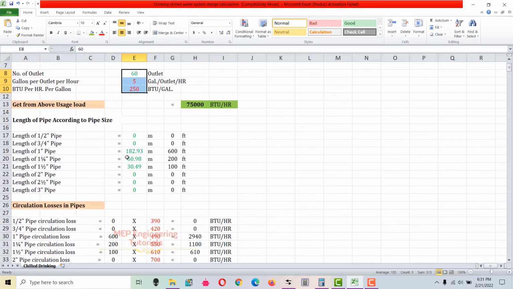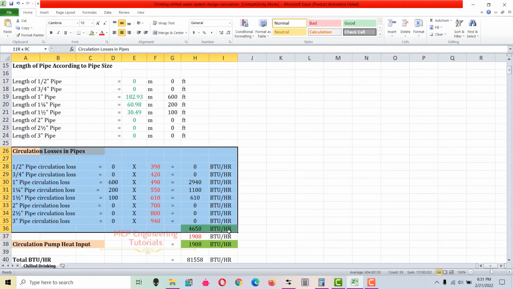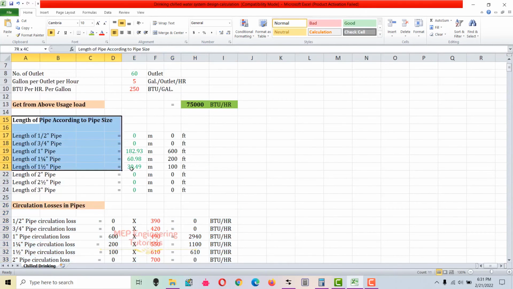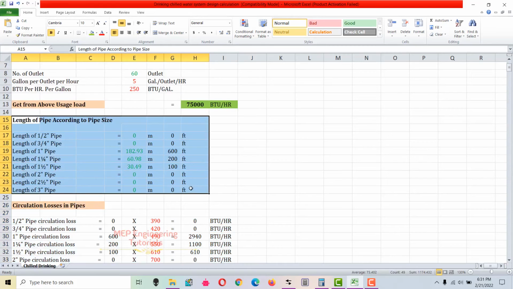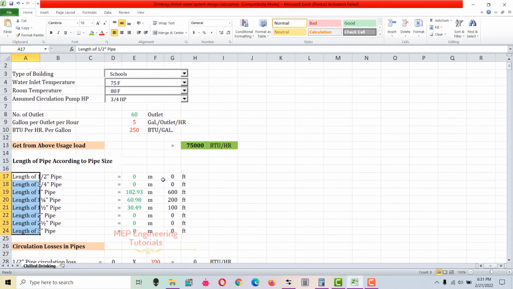Next we have to calculate the circulation losses in the pipes, this one. But before that, we have to write all the piping lengths which we have used in our project. So you have to write all the pipes in here, whatever you have used in your project. Then you have to go to the drawing and check the length of each pipe segment and add it in here.